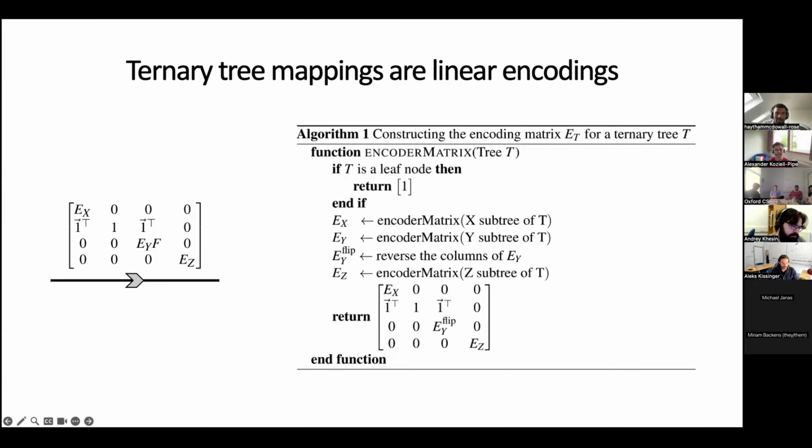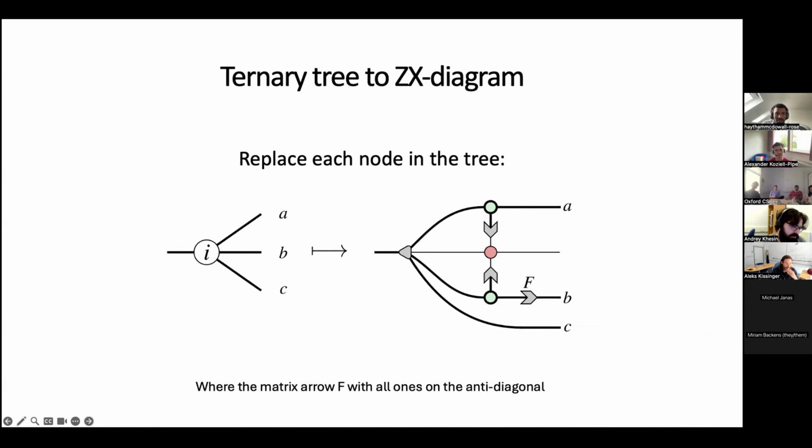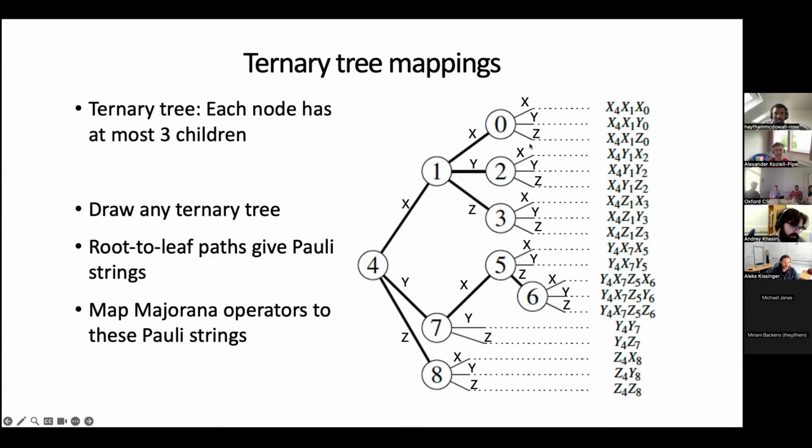If we go back to this tree, it's a bit more technical. The short answer is that it's in the paper. The slightly longer answer is, if you want to work out the Majorana operators related to creation and annihilation, let's say Majorana operators 2n and 2n plus 1 come from looking at the nth node in this tree.